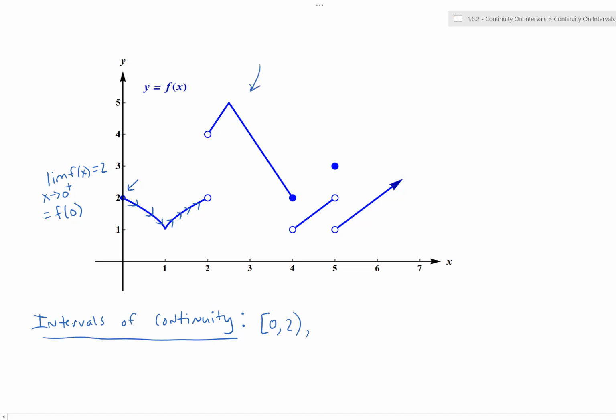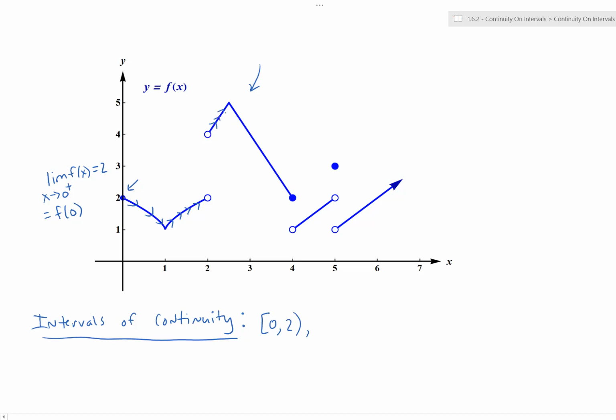Now we'll focus on this piece right here, just moving from left to right. Notice, again, at x is 2, when we make this jump right there, the function is not defined at that location when we start the next interval. And so we can't say that the function is continuous from the right at 2 because the function is not defined there.